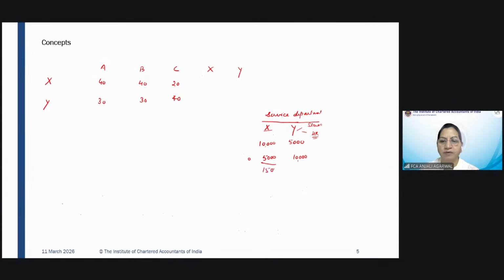Because 15,000 will be shared between ABC in the ratio of 40, 40, 20. So 6,000 will go to A, 6,000 will go to B, and 3,000 will go to C. For Y, 4,500 will go to A, 4,500 will go to B, and 6,000 will go to C, and the job is complete. Right?